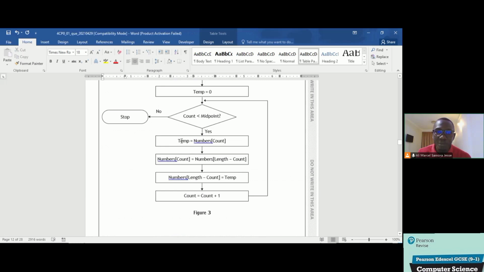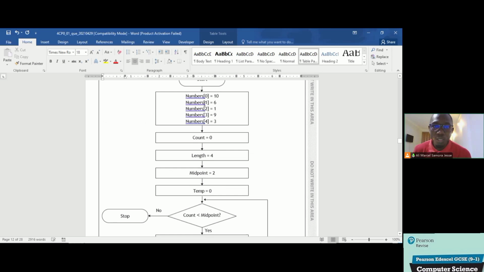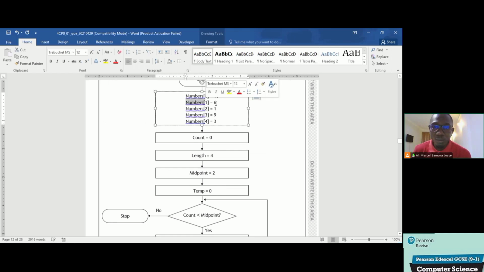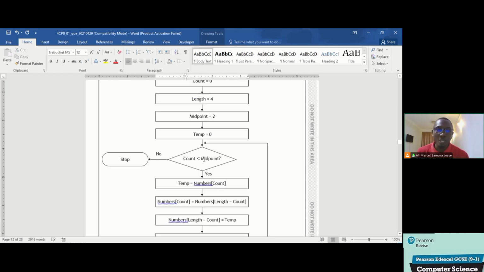Temp, which is 10, equals number count. Number count is 1. So when you check on 1 here, what do we get? It is 6.